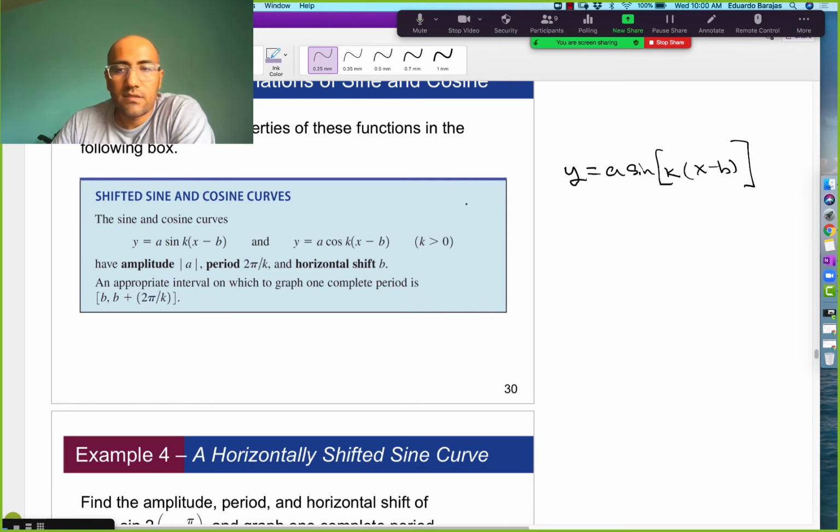It is sine of the product of these two, and the input angle is x. All the other variables are constants. A, k, and b are constants.